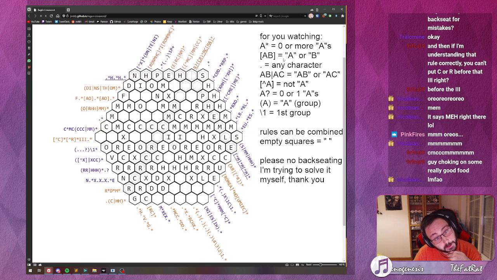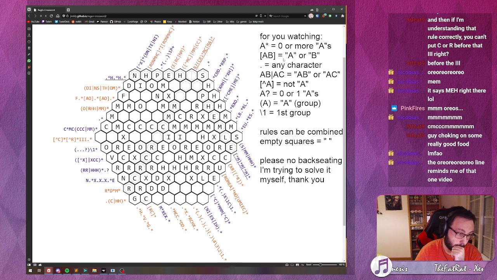Are there any restrictions on this? There can't be an M at the end. So this places me into C or A. I can only have C or A here. Those are the only options. If I have C, it has to be followed by an M. Wait, that's fine. I can do that.